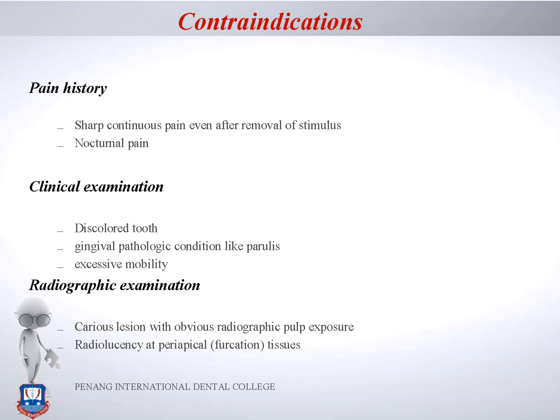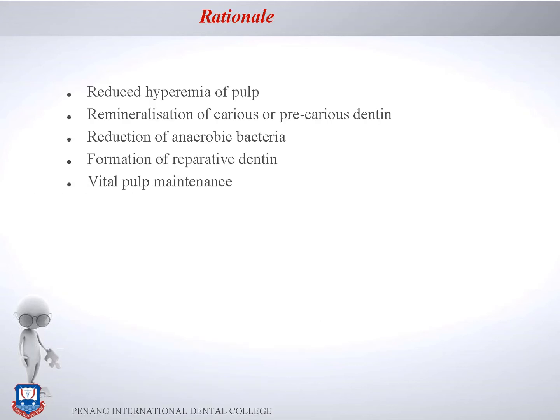If you have excess mobility, loss of tooth attachment because of the infection exiting the pulp through the apical foramen into the bone, cannot do it, because the intention of pulp capping is to protect the remaining pulp, giving it an opportunity to heal by itself. So if the pulp itself is irreversibly damaged, cannot repair, then we cannot do indirect pulp capping.